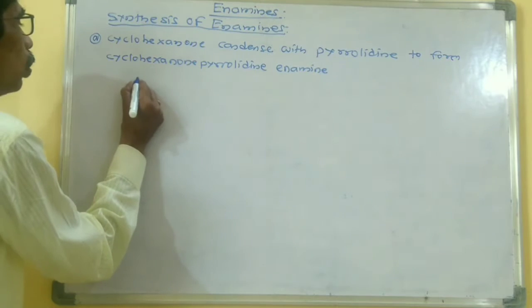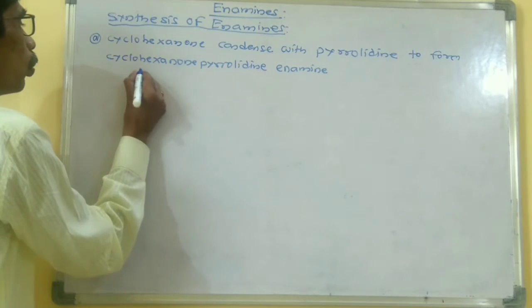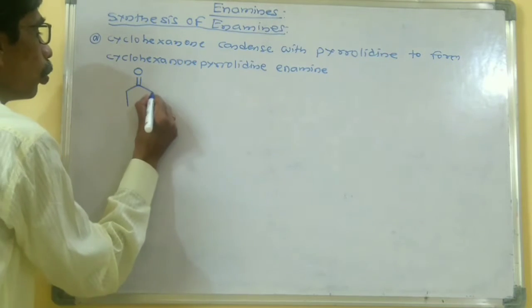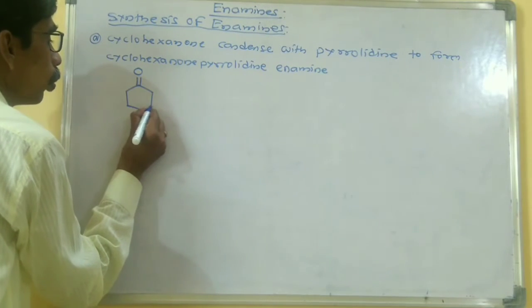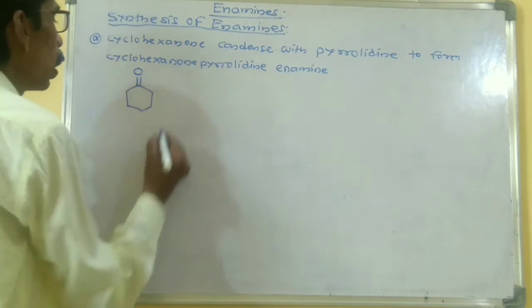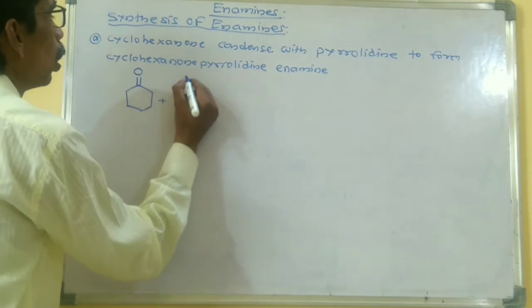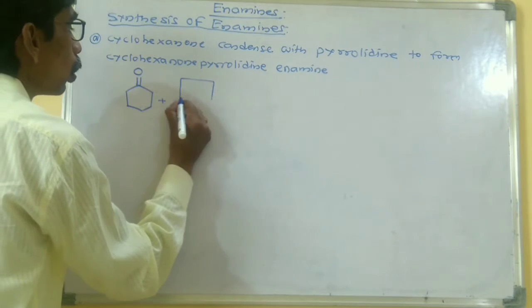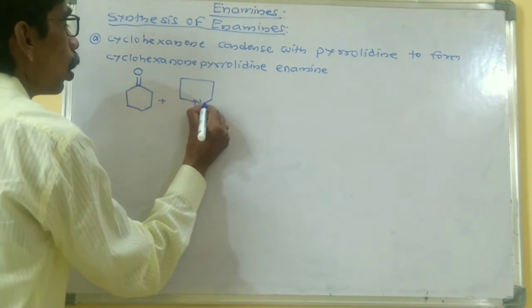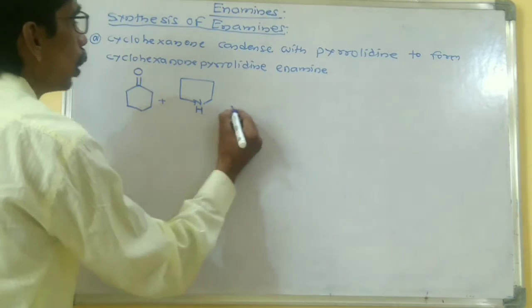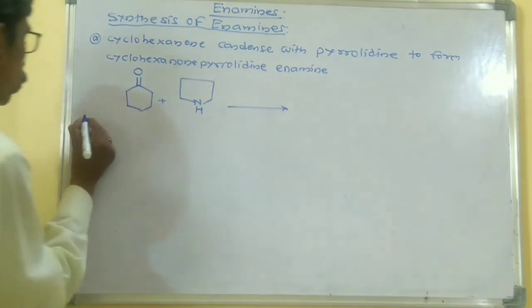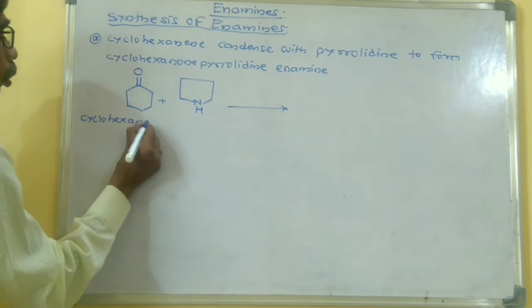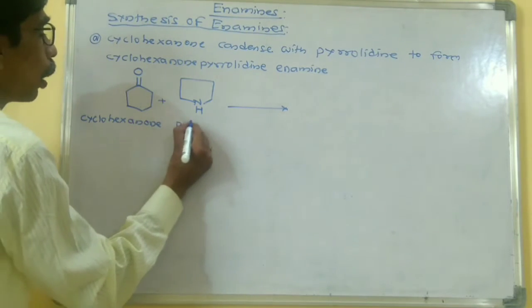Now this is the cyclohexanone, plus now pyrrolidine, and this is the pyrrolidine.